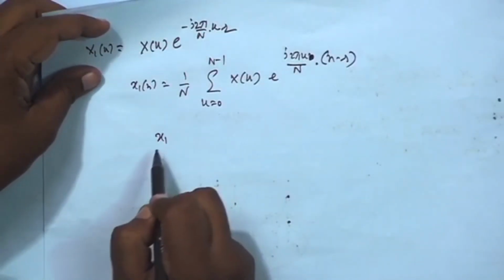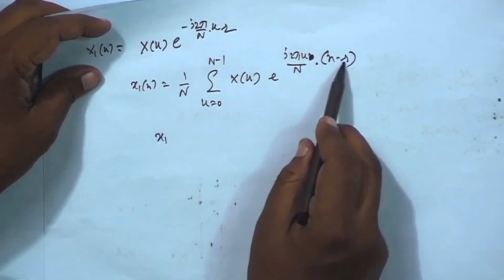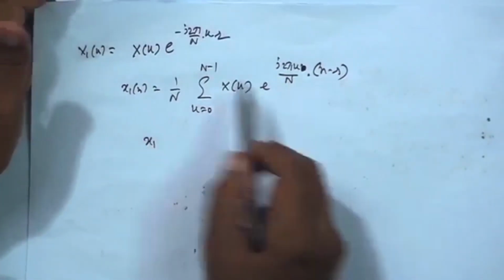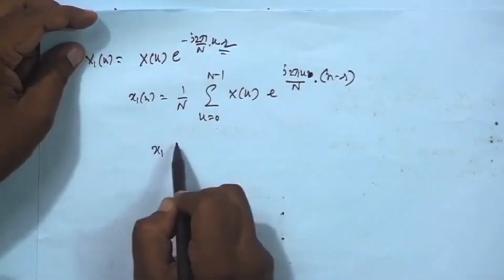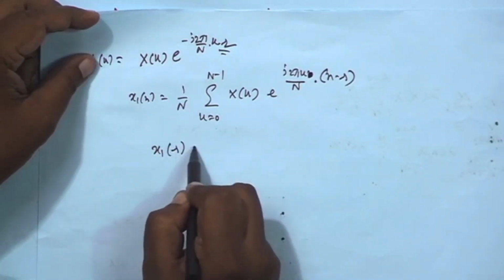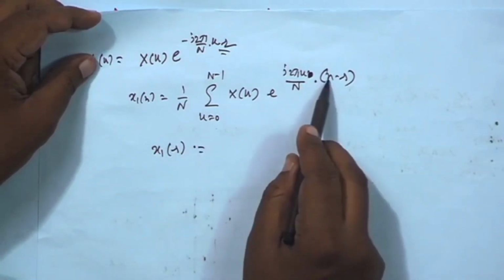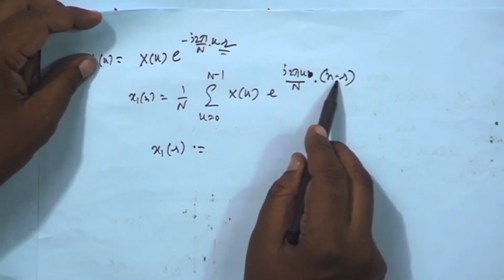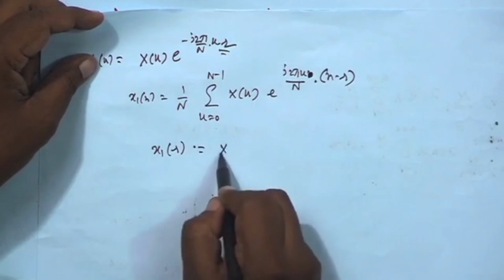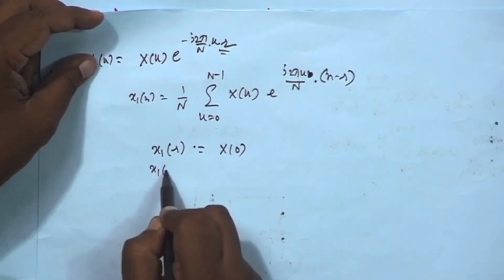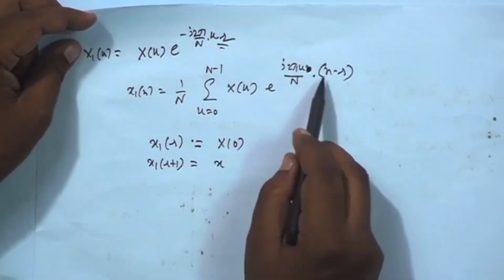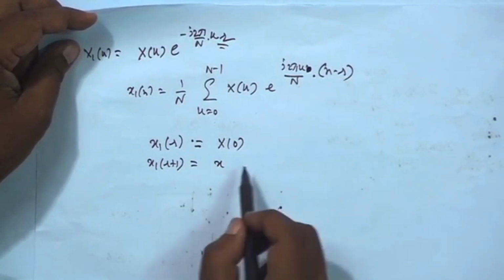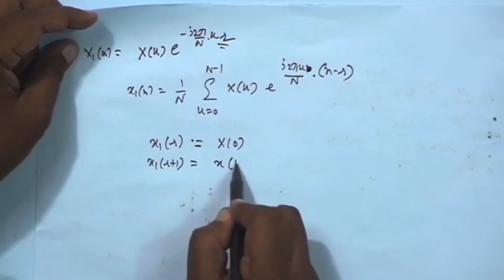So you can start this way: r is given, r is fixed. Suppose n is r, so x 1 r, if you put n equal to r, r minus r is 0. So this formula then gives you x 0. For x 1 r plus 1, if you put n equal to r plus 1, it will give you 1. So this is the formula of x 1 then.